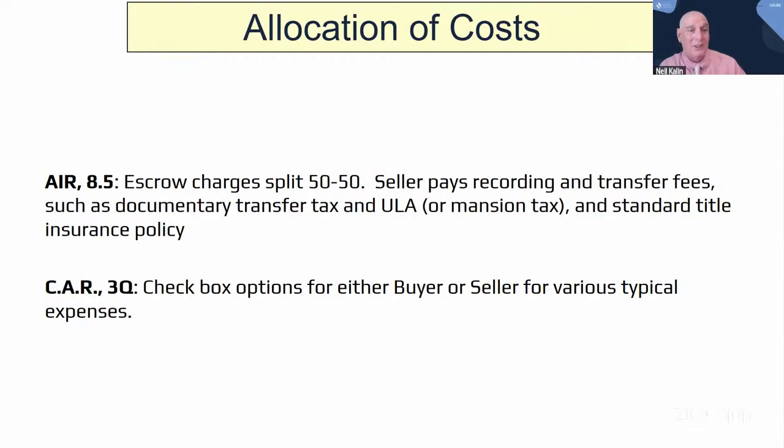And then usage of AIR CRE forms spread beyond just the Southern California region. That element did not change. CAR has always been a statewide form, and practice is very different, not just from the brokerage industry and the escrow and title industry, but also in terms of how certain costs are treated depending on where you are in the state. So if we could go to the next slide, please, Chris.